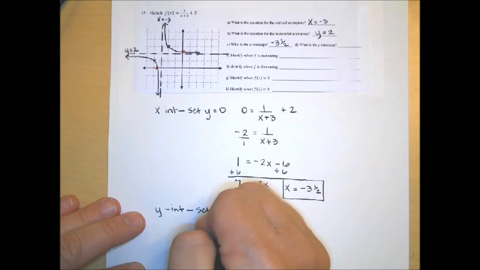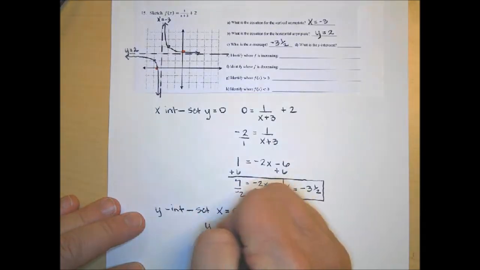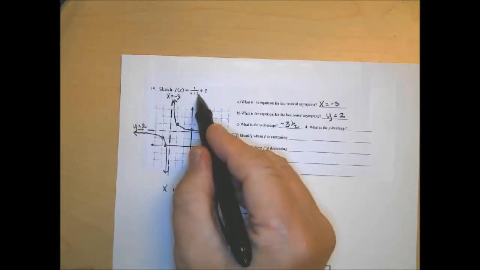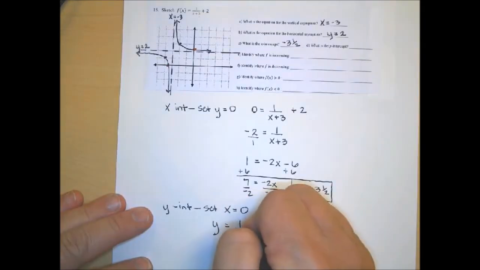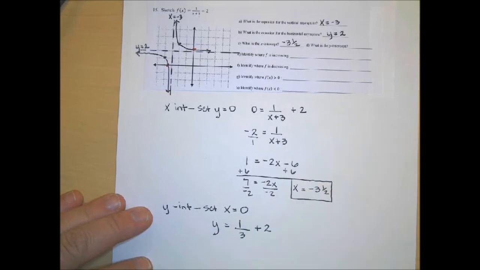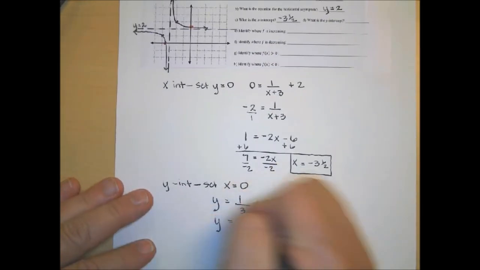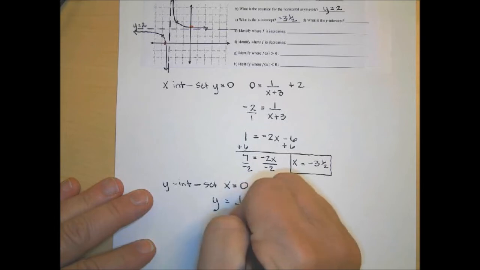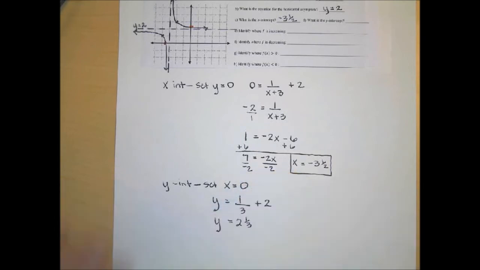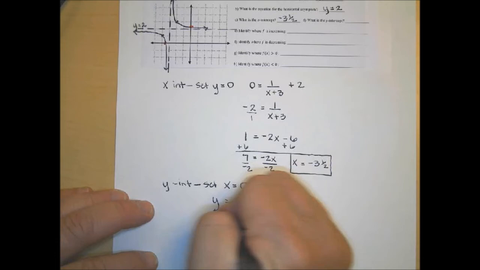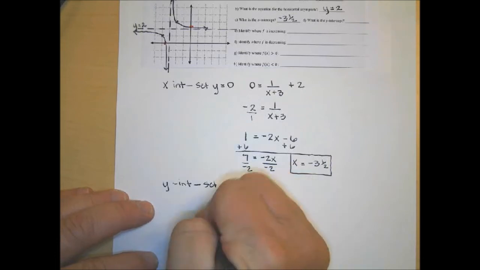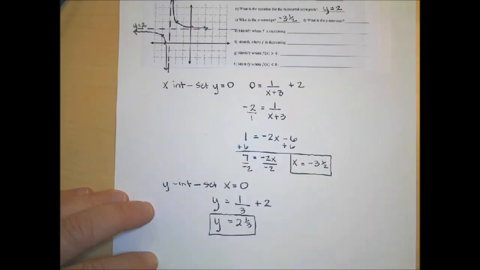Y equals 1 over, now 0 plus 3 would be 3, so 1 over 3, plus 2. So there's your answer right there. Y equals 1/3 plus 2, which is 2 1/3. So your y-intercept, okay, is at 2 1/3.